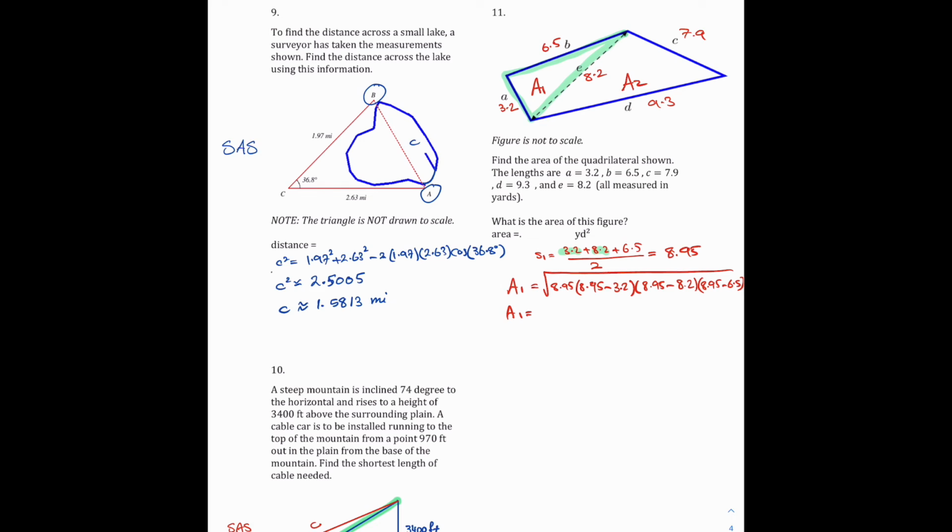So the first area is approximately 9.72 square yards.